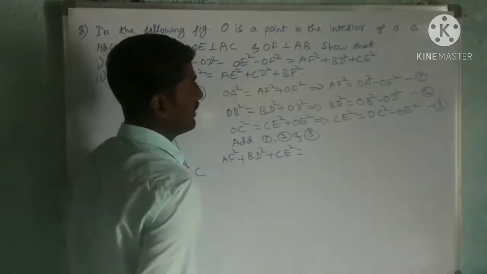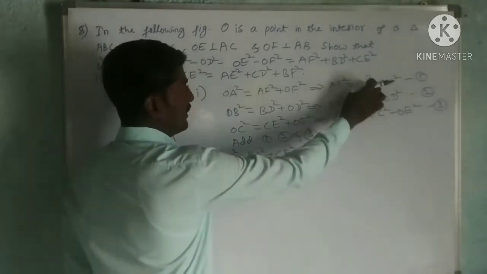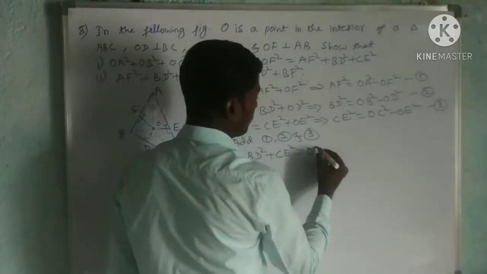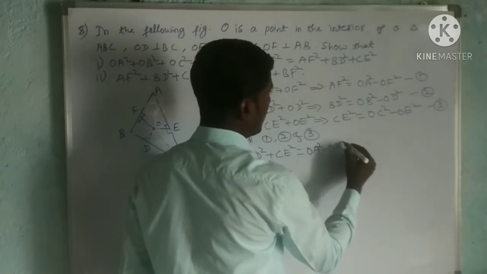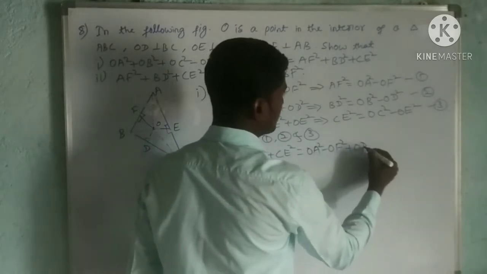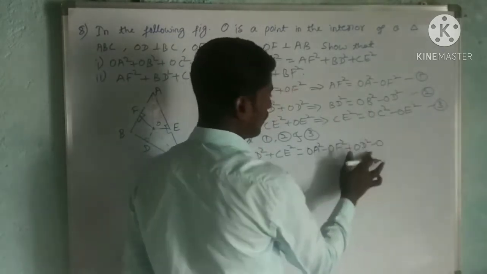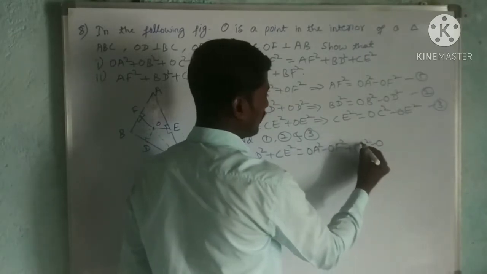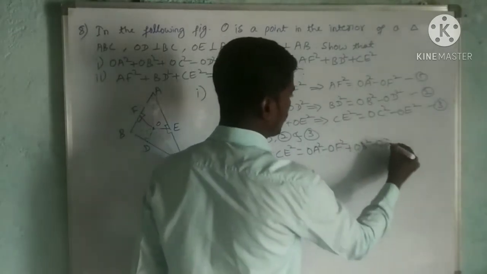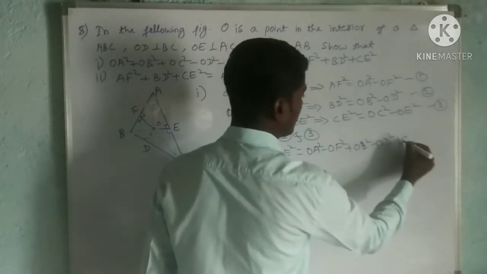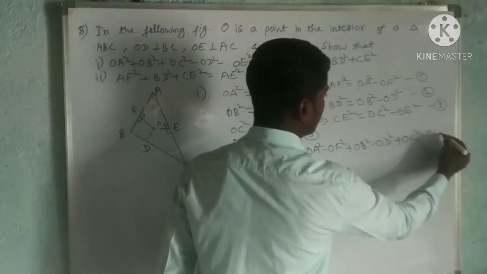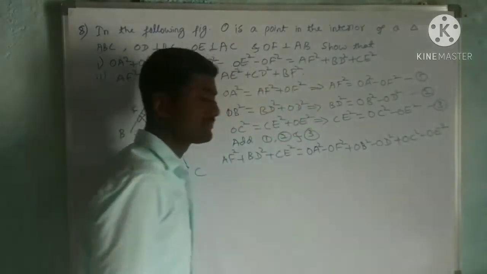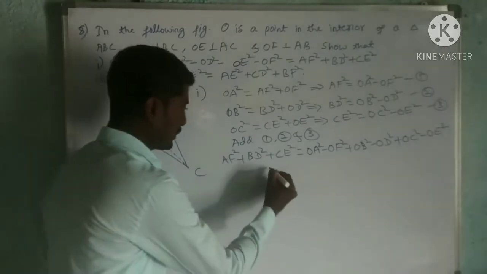Now we'll go for RHS: OA square minus OF square, plus OB square minus OD square, plus OC square minus OE square. Now this is equal to the right side.